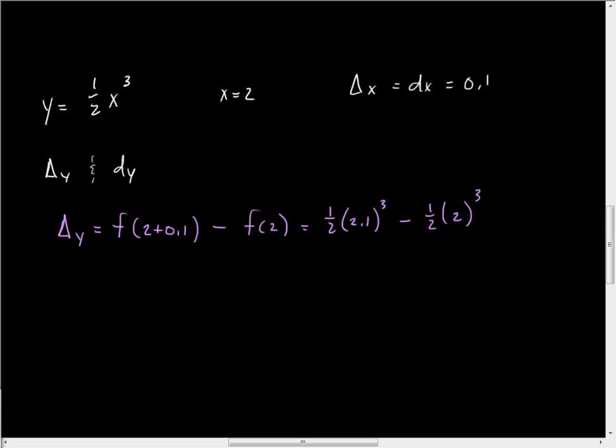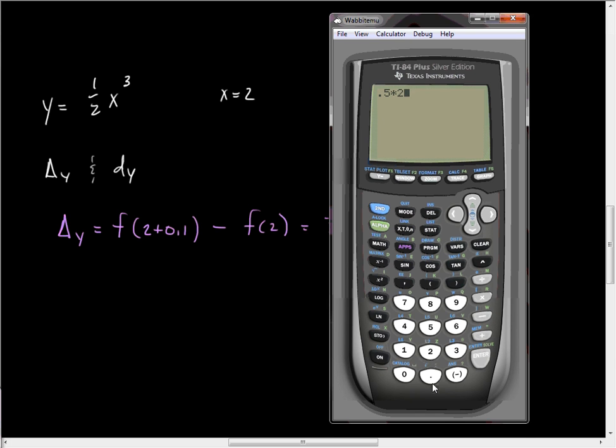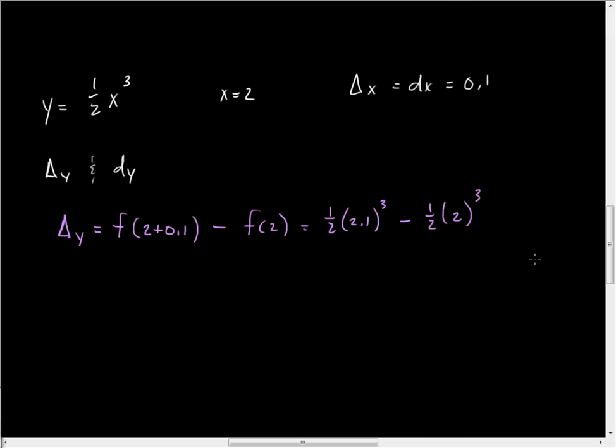And so I'm just going to bring up my other calculator here, and I say 0.5 times 2.1 cubed equals 4.365.